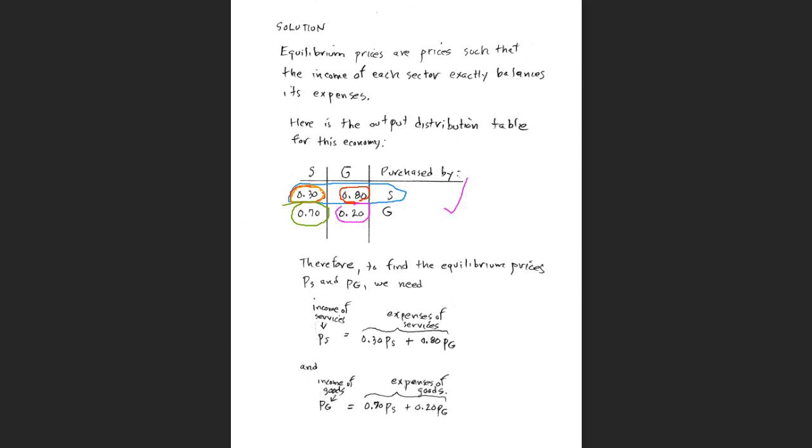And this is the system below. We want to find equilibrium prices, and it makes sense we would use P for price. Price of services, P sub S, and price of goods, P sub G. Well, based on the distribution table here, we come up with these two equations.